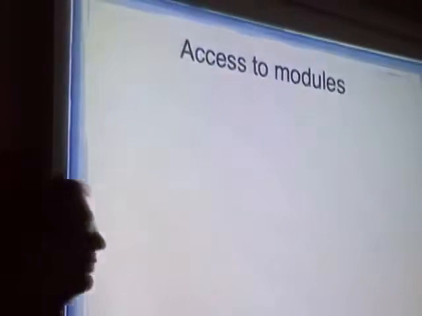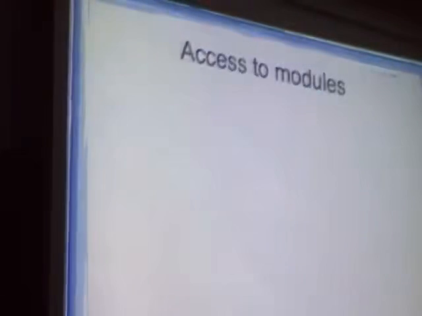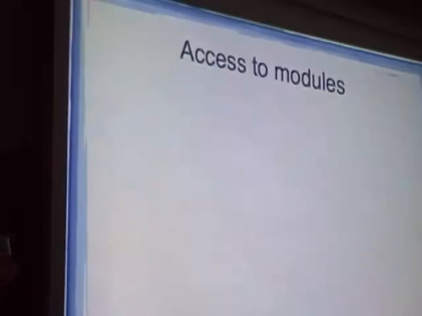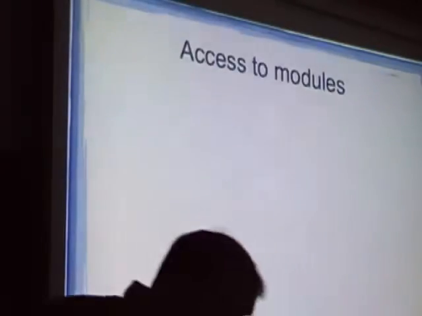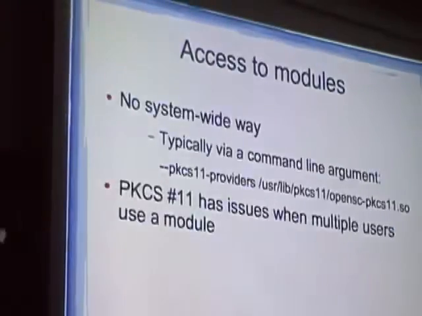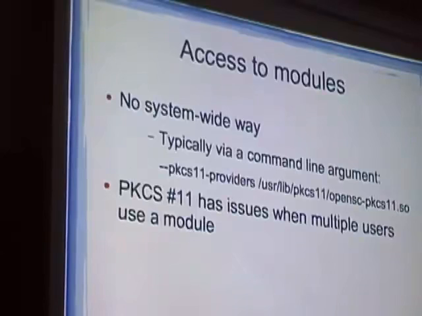So I'm going to talk about a different problem that is mainly for developers that work with pkcs11 modules. We had these problems implementing pkcs11 supporting TLS. There's no system-wide way to know which pkcs11 libraries to use.